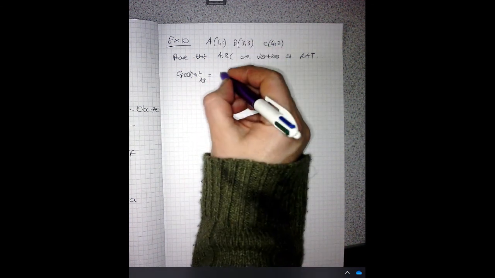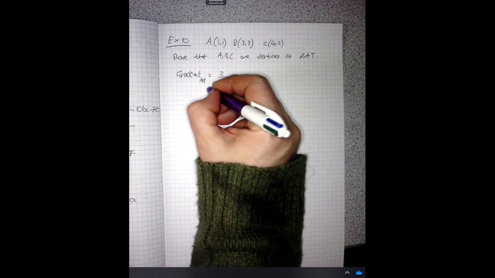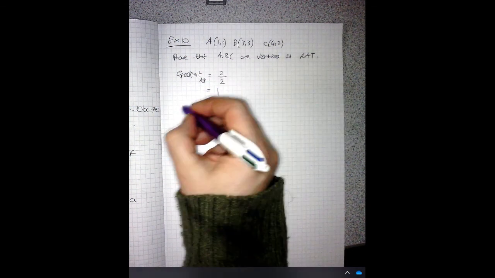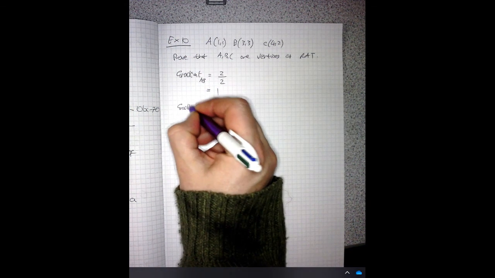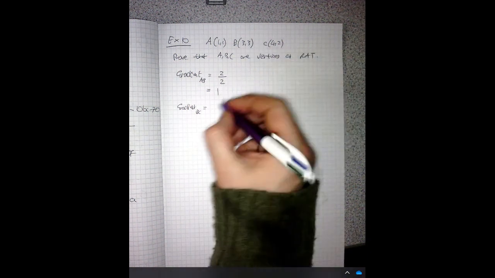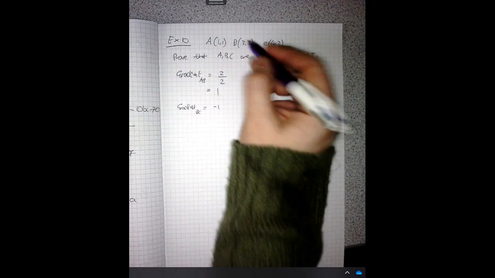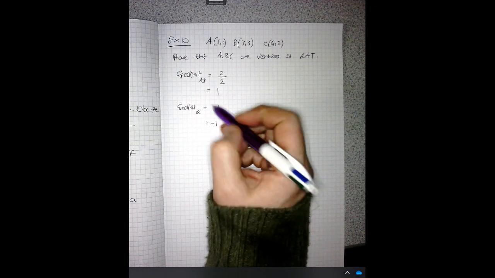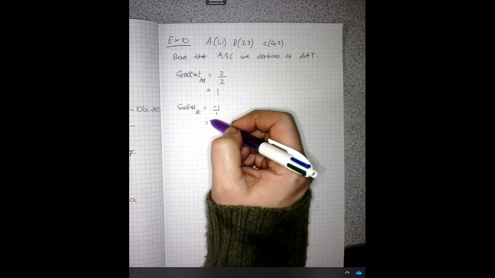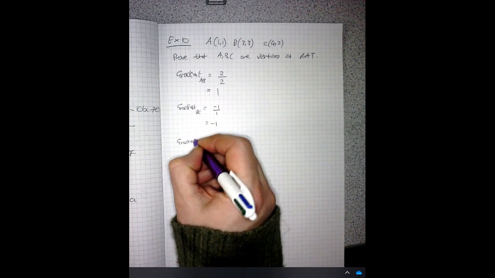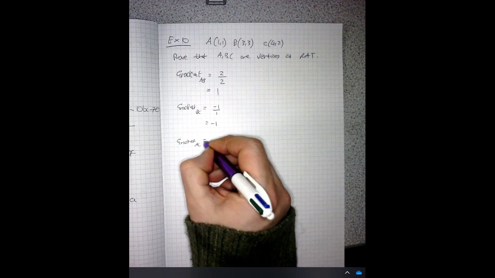Let's look at the gradient of BC, difference in y over difference in x. Because they're different gradients, they can't be on the same line, but we'll also look at the gradient of AC, difference in y over difference in x.